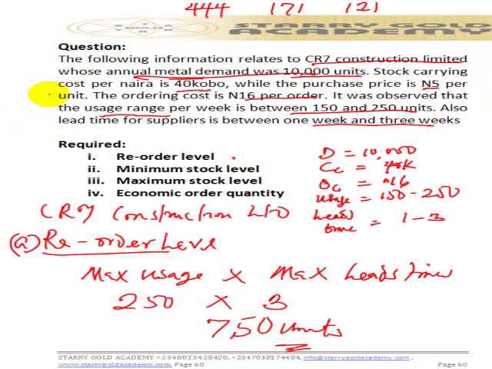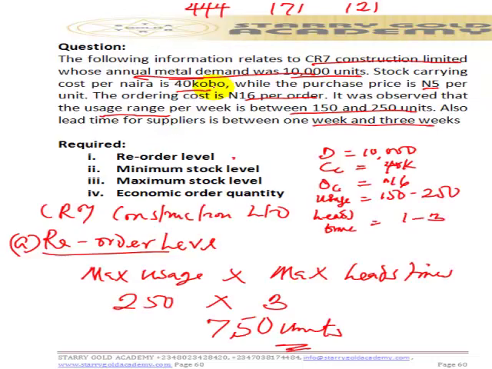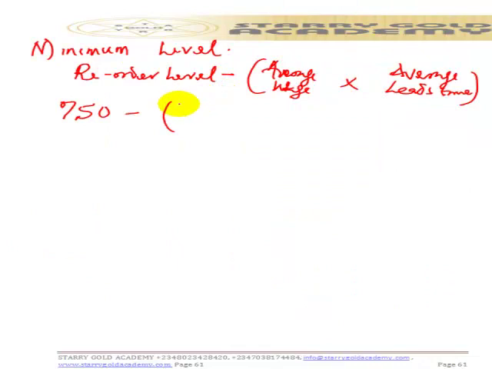Now, based on the question, our reorder level is 750 minus our average usage, which is the maximum and minimum usage, 150 plus 250 divided by 2, times average lead time, 1 week plus 3 weeks divided by 2.